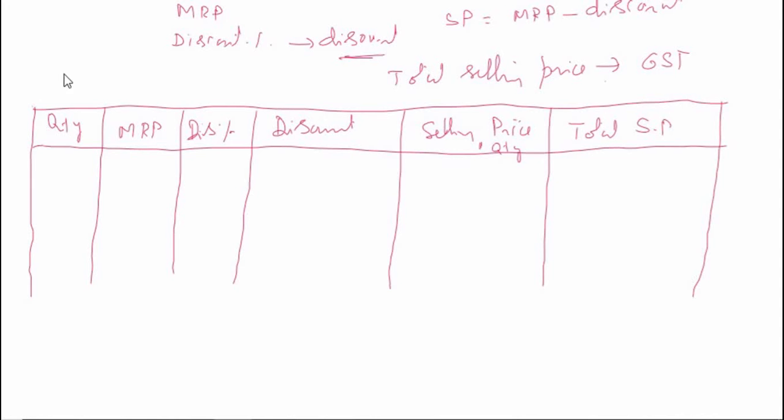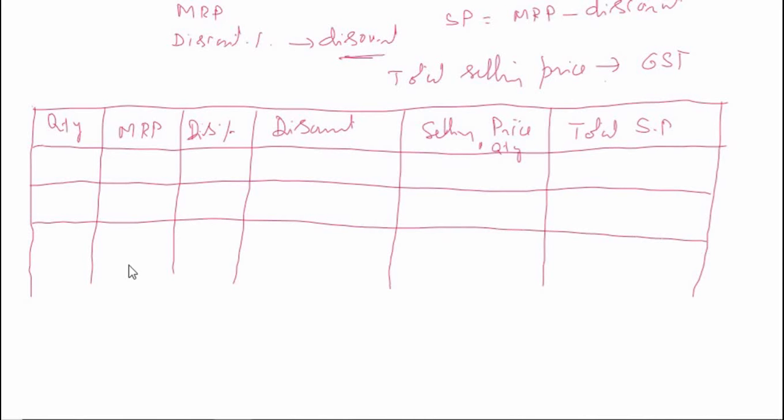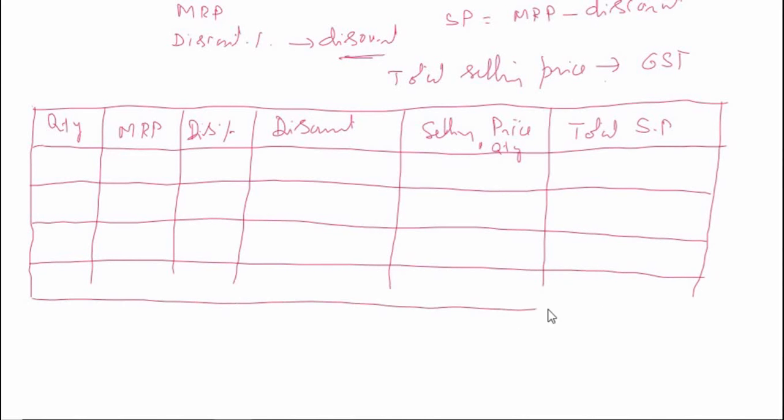So rows we need to have 4 rows, because we have got 4 items. Sorry, my drawing is a little bad.